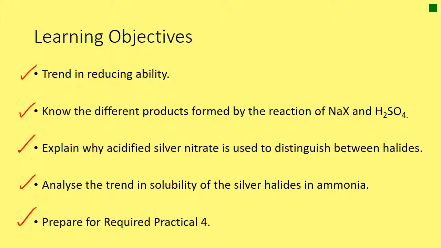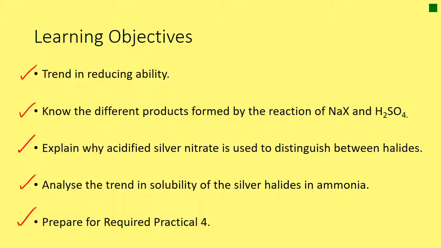And we have now explained why acidified silver nitrate is used to distinguish between the halides, because they're all colourless to start with, and they form different coloured precipitates when you react them with silver nitrate, or in the case of fluoride, not a precipitate at all. So there we are. And we've analysed the trend in solubility of the silver halides in ammonia.